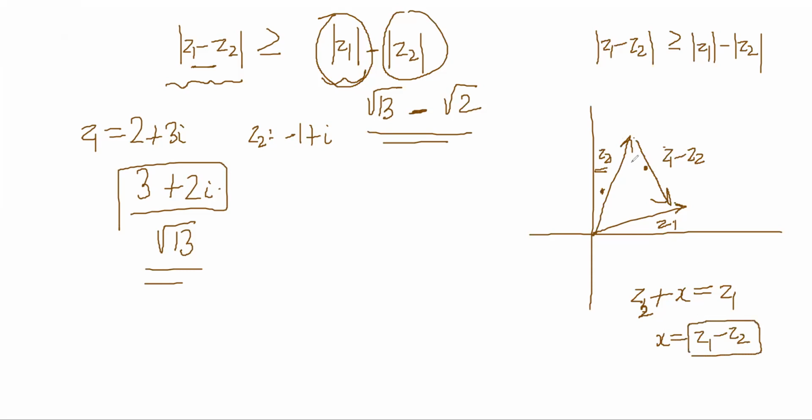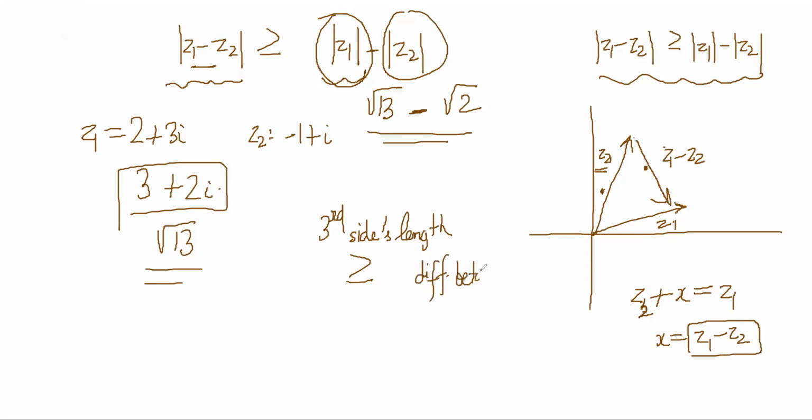Now this inequality is actually saying that the third side's length must be greater than or equal to the difference between the other two sides. Any side length, it cannot be that the difference between this and this is bigger than the third side. Then the triangle cannot be formed.